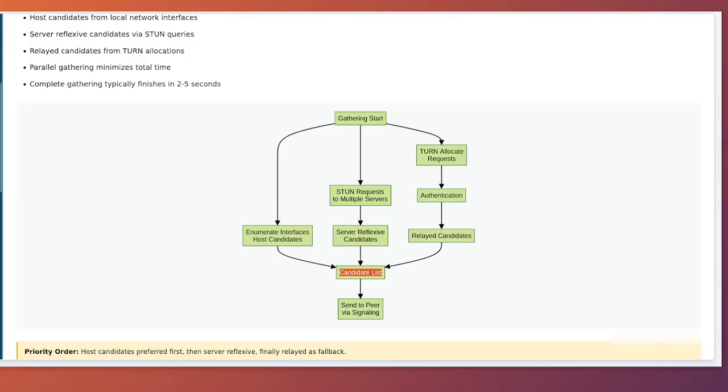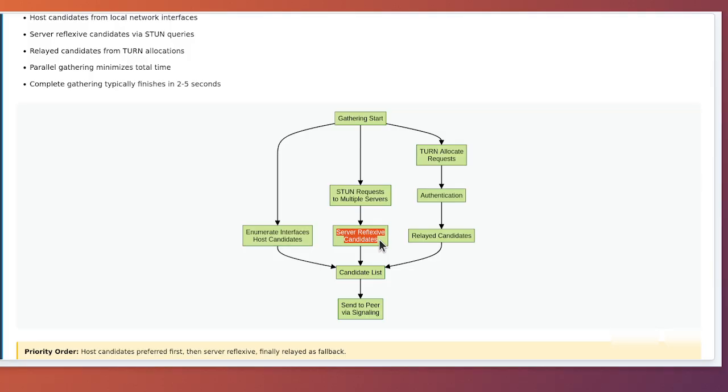Next comes the discovery of server reflexive candidates using STUN. The application sends STUN binding requests to one or more STUN servers. For each host candidate, the application typically sends a STUN request from that specific local address.